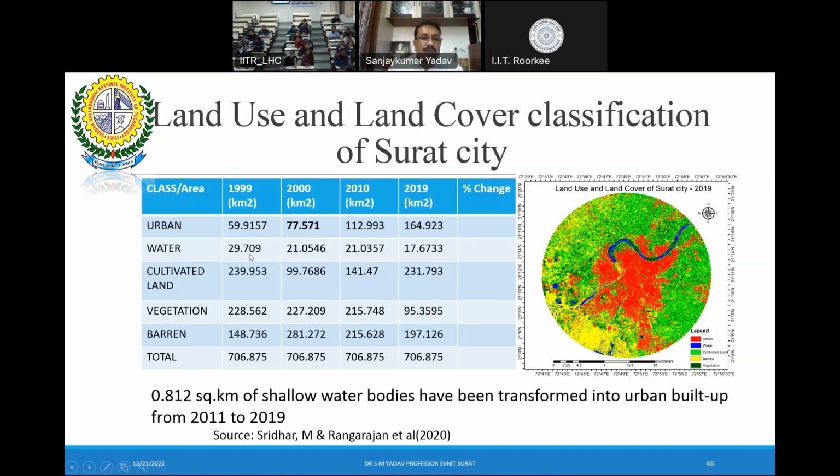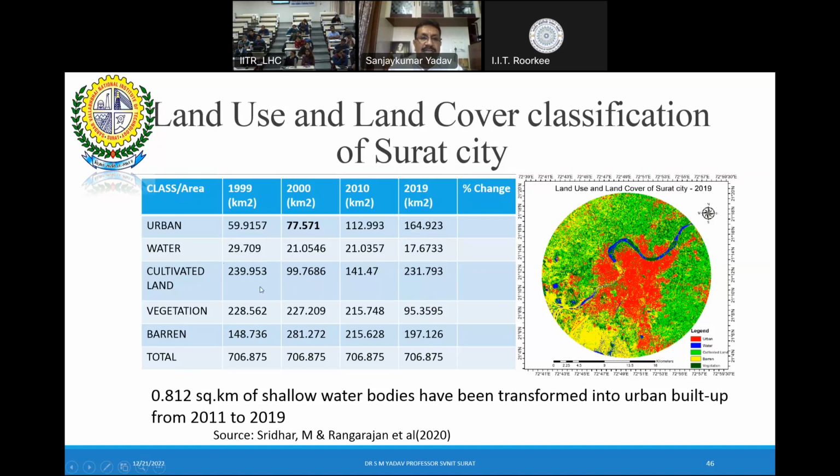The water bodies, which were 29.709, have reduced to 17.67 square kilometers. Overall 0.812 square kilometer of shallow water bodies have been reduced during 2011 to 2019.